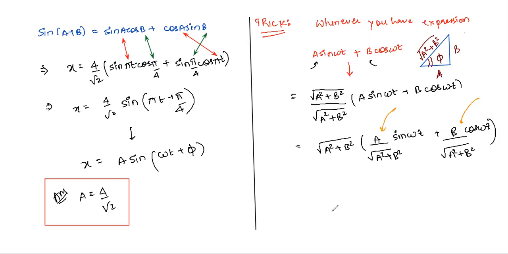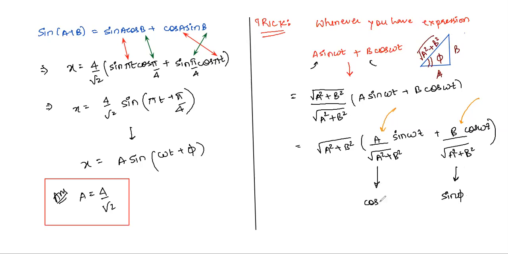So Atul, can you tell me what will be the value of sine phi from this triangle? Yes, Atul, sine phi. Sine phi is B by under root A square plus B square. So I can write this as sine phi, correct? Yes, sir. And what about cos phi? A by under root A square plus B square. Very good.